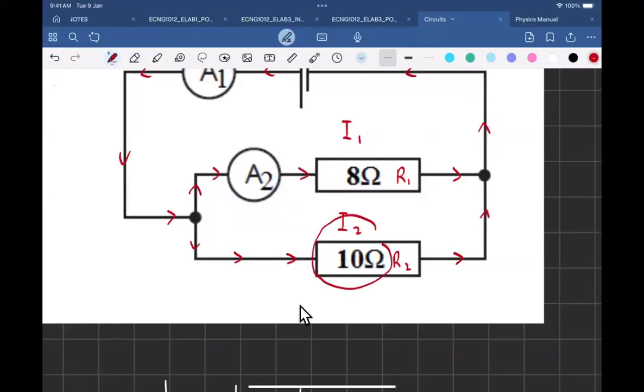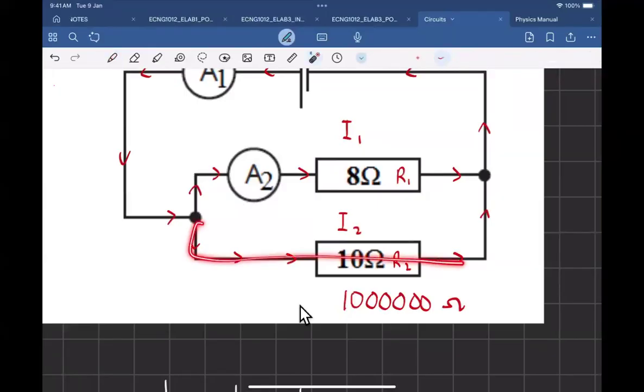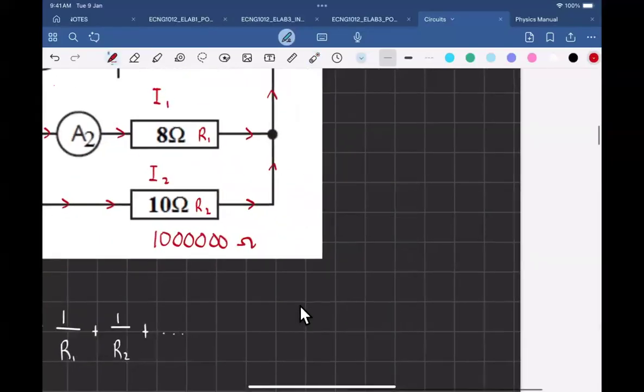If the resistance is really high over here, and I could just take this path, like if the resistance here was 1 million ohms, hardly any current would pass through here. Most of the current would pass through here, right? So the resistance could be like 8 something. Let me show you how cool this is.